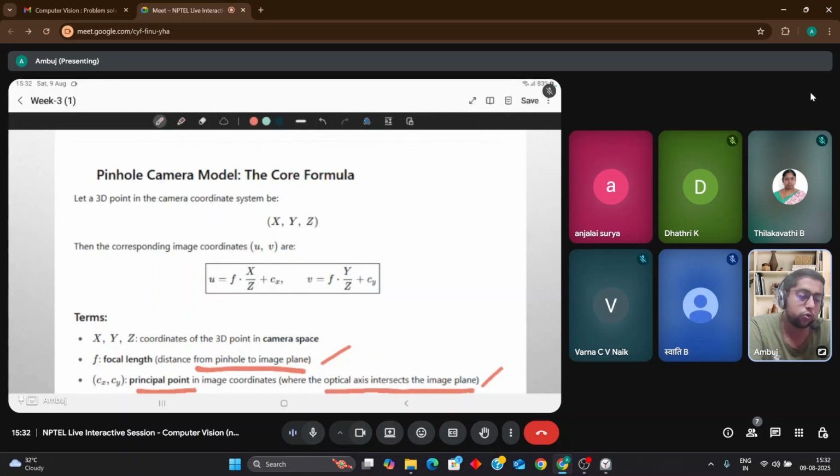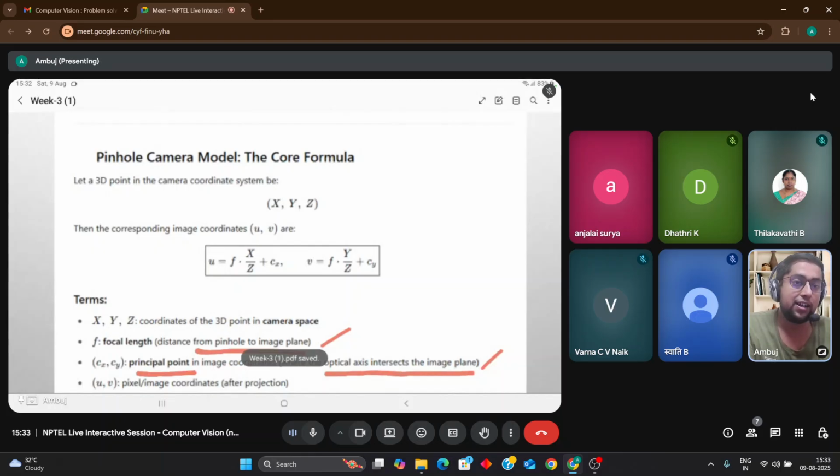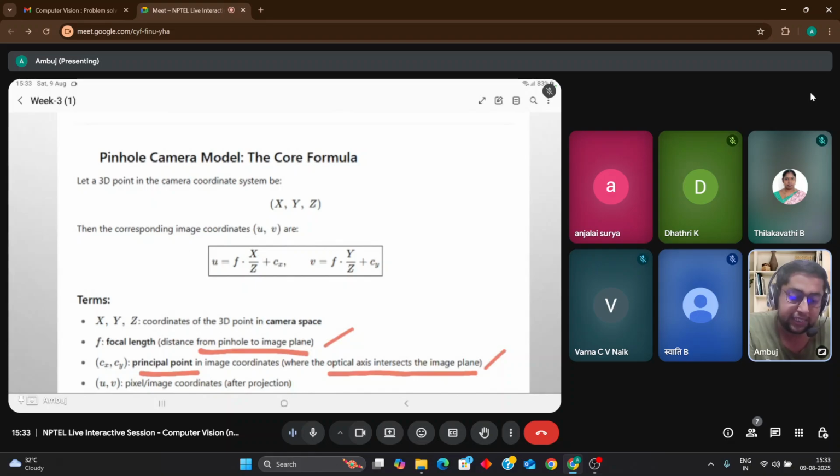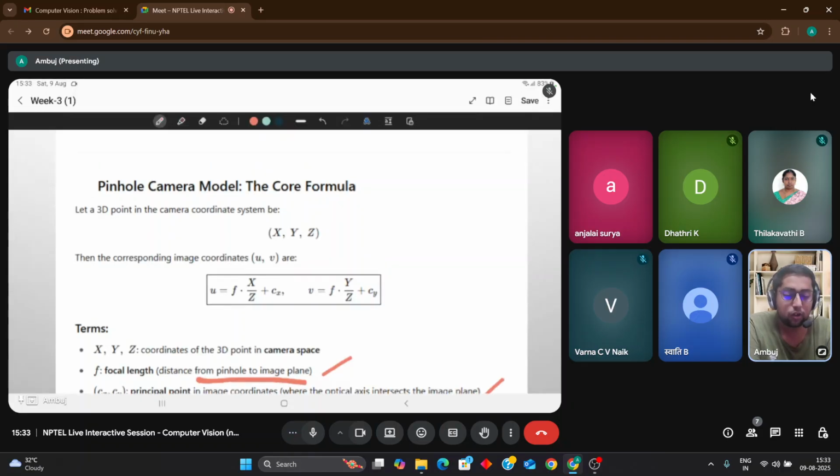If you have seen optics in class 12th, this concept is taught in detail there. And u, v are the pixel image coordinates after projection. So the corresponding image coordinates would be u equal to f multiplied by x upon z plus cx, and v would be f multiplied by y upon z plus cy.